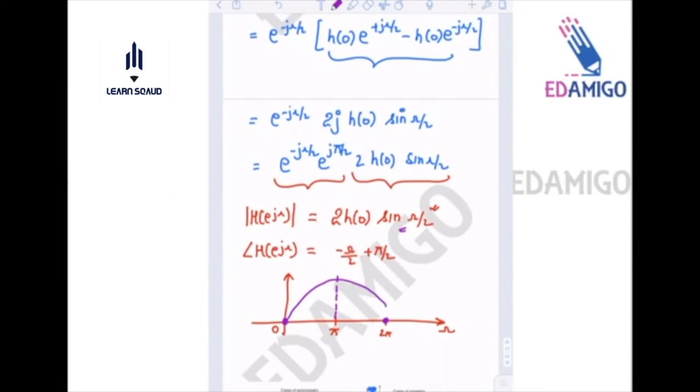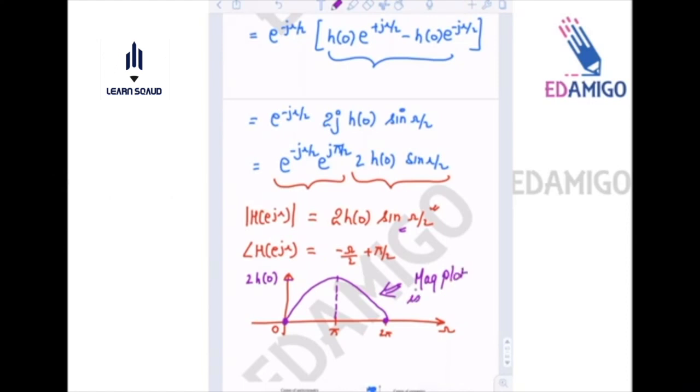The plot will be like this, and the maximum value will be 2h0. So we can say that here the magnitude plot is symmetric about π.